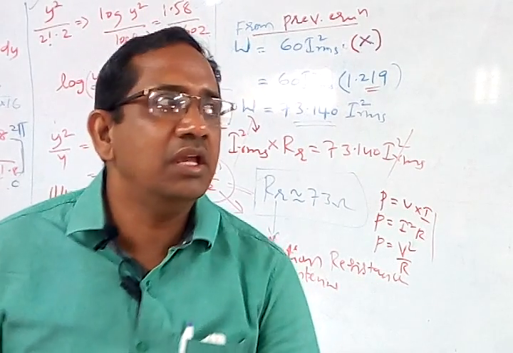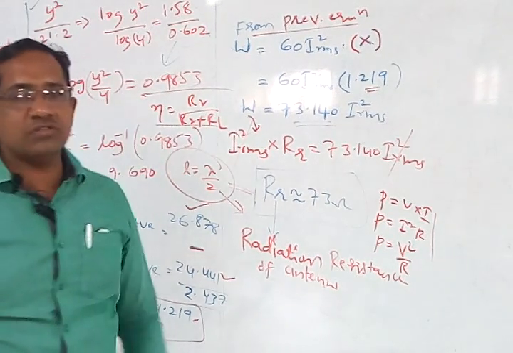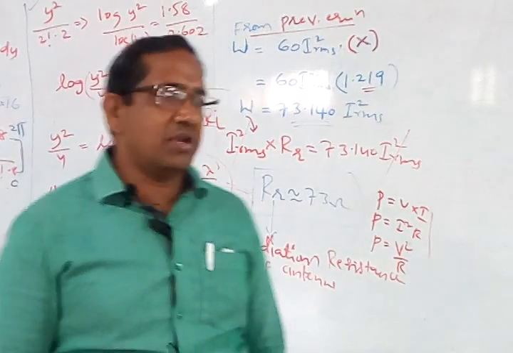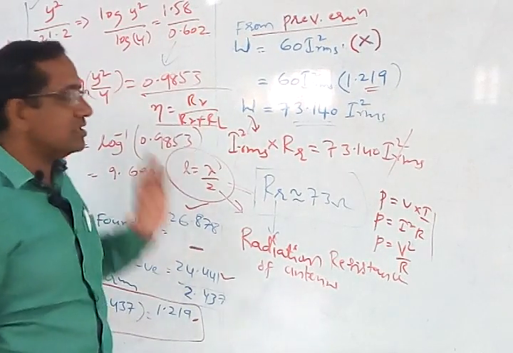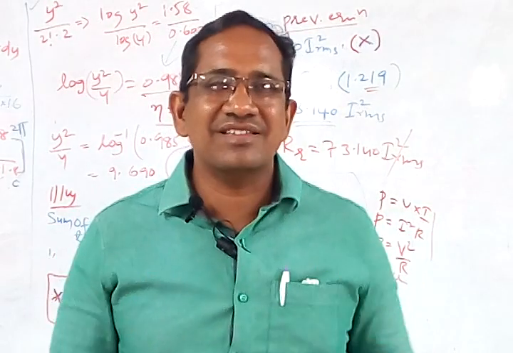So radiation resistance is a very, very important concept as far as efficiency of an antenna is concerned for us. So therefore please try to practice these three important parts of the radiation resistance for the exam.